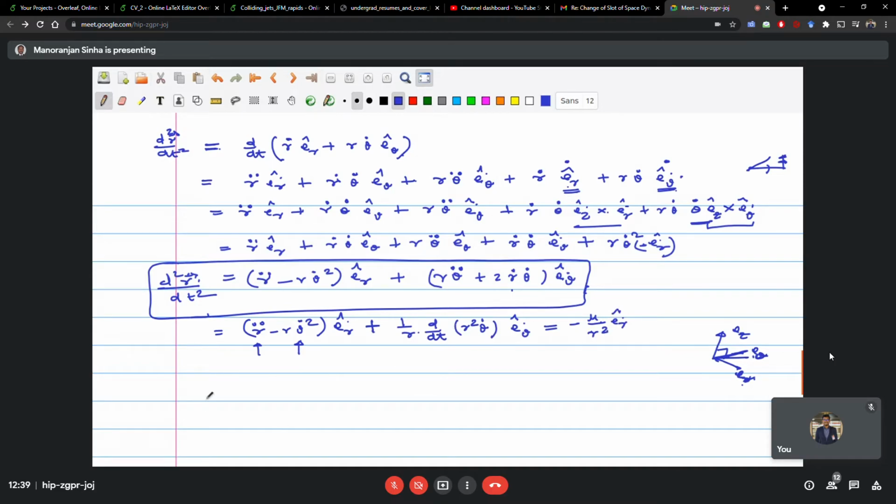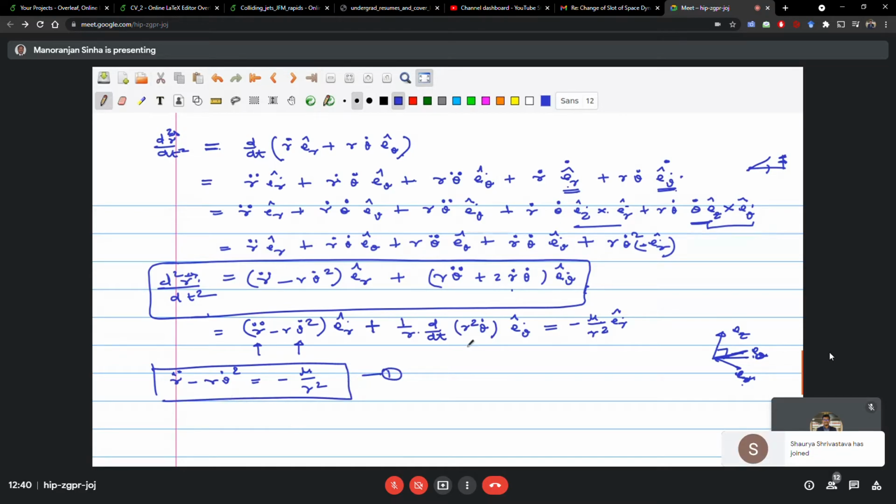Now look into this equation. Here on the left hand side we have r double dot minus r theta dot square, equal to minus mu by r square. So this gives you the first equation here. The second equation has no counterpart on the right hand side, so this simply implies r square theta dot is equal to h. So this is our second equation.